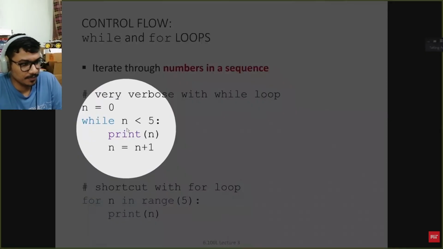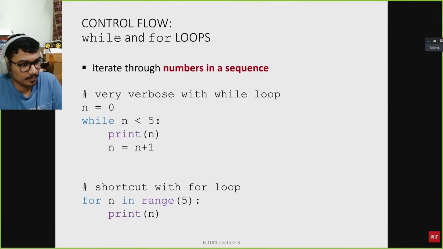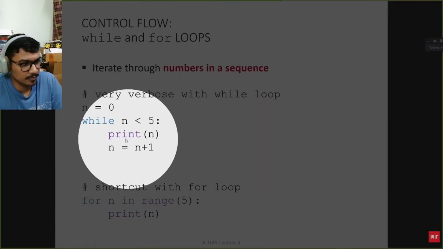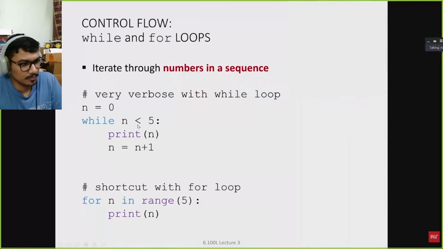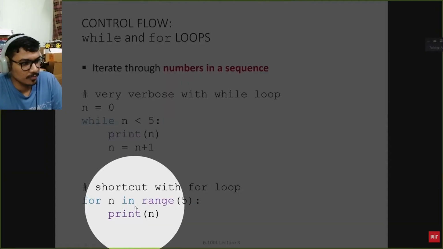But the while version is really verbose. Certainly it works, and you can do it, but it's very easy to forget to do this, in which case you'll get an infinite loop. With a for loop, those 4 lines of code just look like these 2 lines of code.